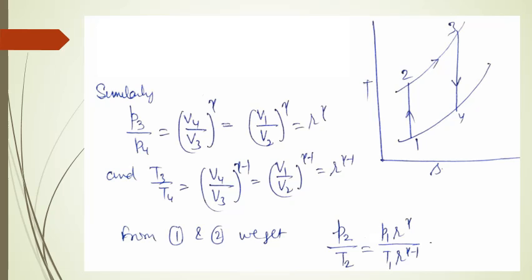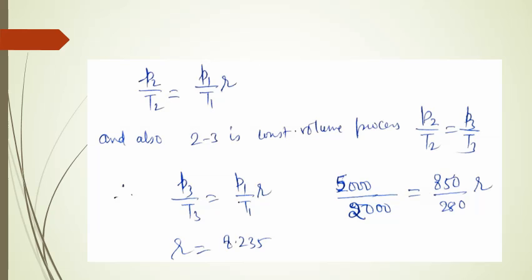So from equation 1 and 2 on the last slide we get this relation. P2 upon T2 is equal to P1 r raised to power gamma upon T1 r. So finally we get this relation. And as you know, 2 to 3 is a constant volume process. You can say P2 upon T2 is equal to P3 upon T3.